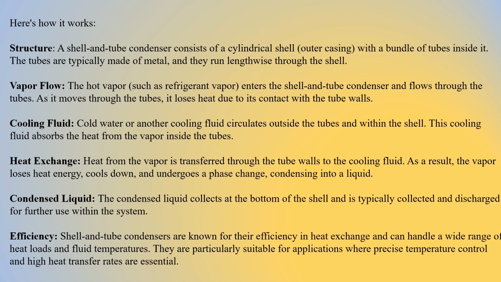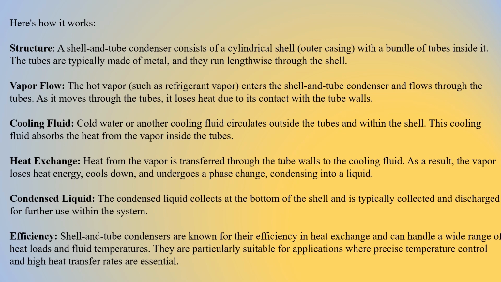The cooling fluid, that is nothing but water, comes in contact with the refrigerant and exchanges heat, and hence the vapor refrigerant is condensed and changes its phase from vapor to liquid. So this was its working.